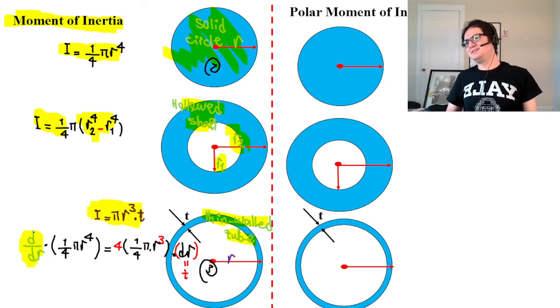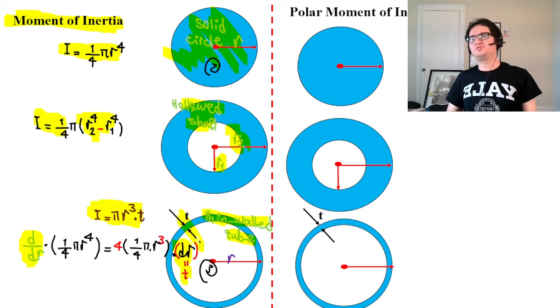So the derivative with respect to r of the first formula gives you the moment of inertia for the last one. That's the derivative of a quarter of pi r to the power of 4, which is 4 times a quarter of pi r cubed, times dr. dr also stands for the thickness.